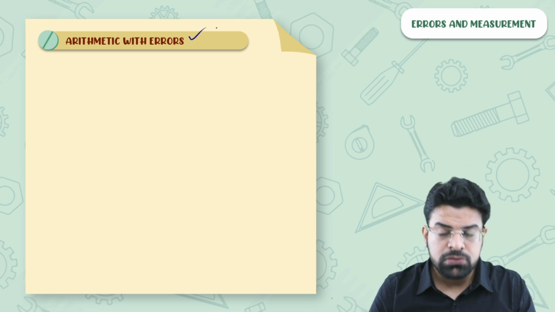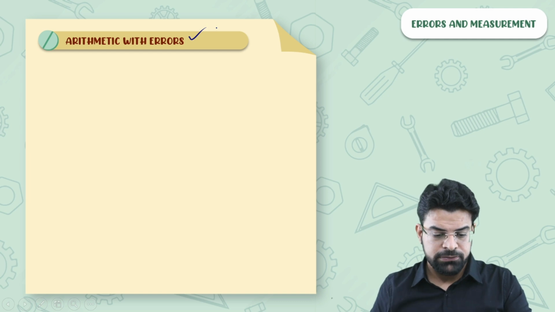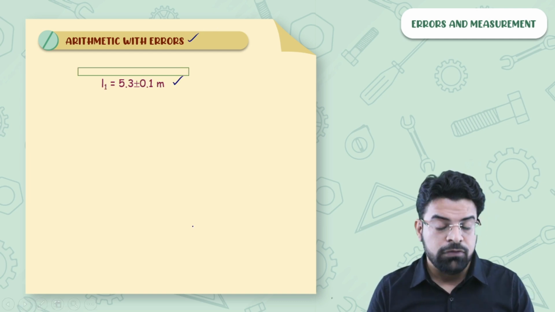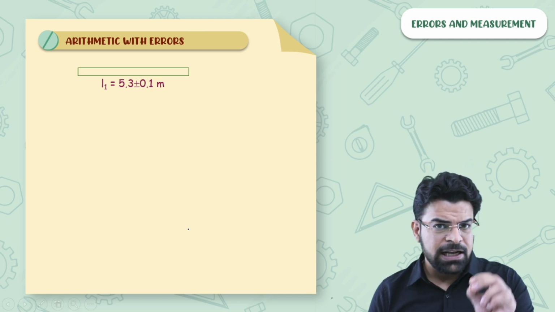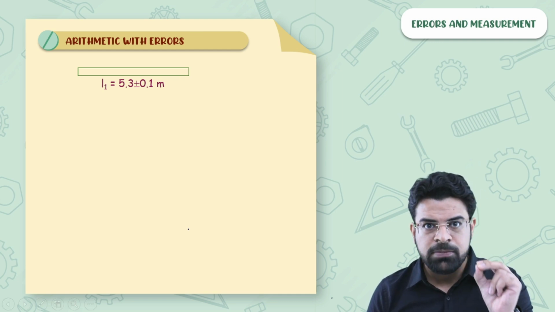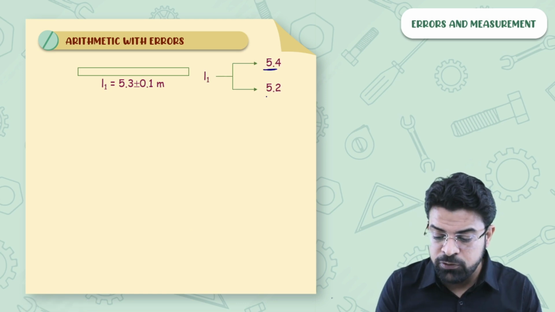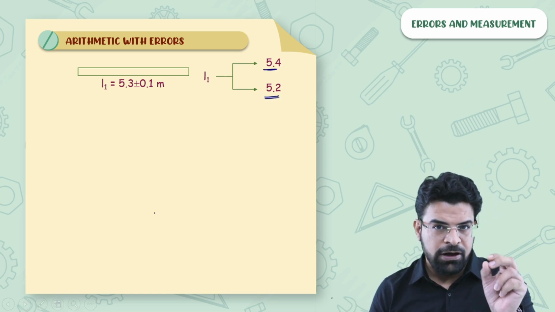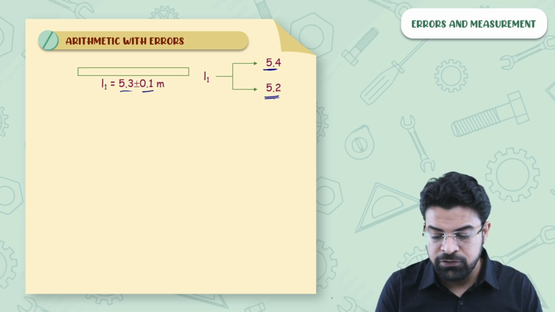Now, how to do arithmetic taking care of errors? Let's say we have a rod of length 5.3 plus minus 0.1 meter. When I say that this rod has a length of 5.3 plus minus 0.1 meter, its length can be anywhere between 5.4 and 5.2. 5.3 plus 0.1 is 5.4. 5.3 minus 0.1 is 5.2.